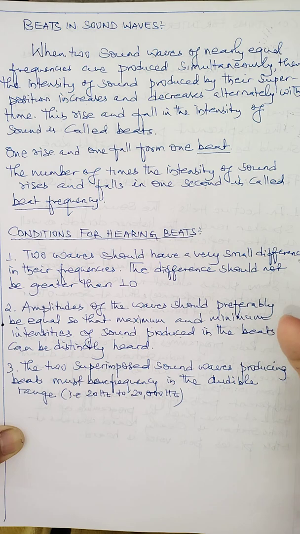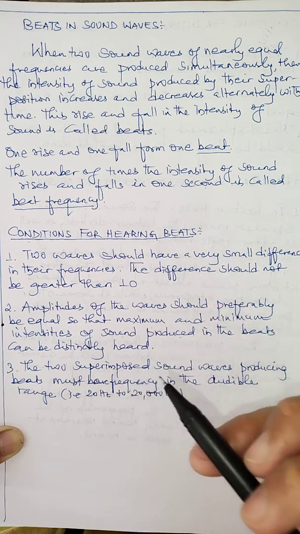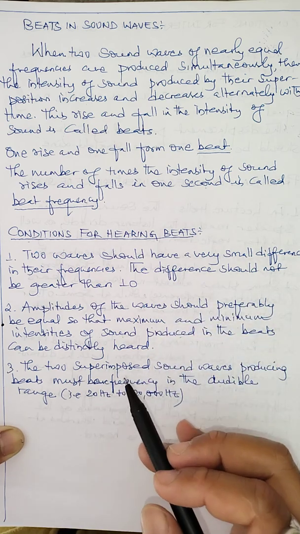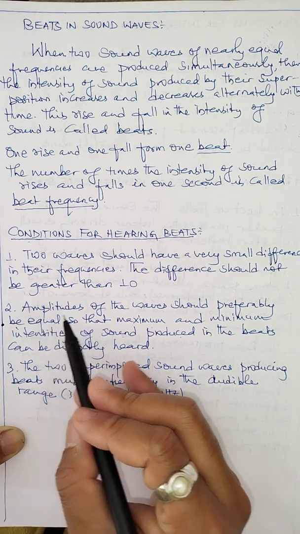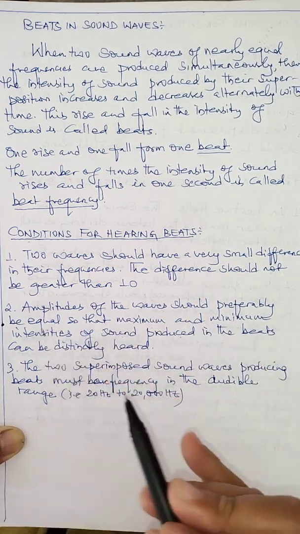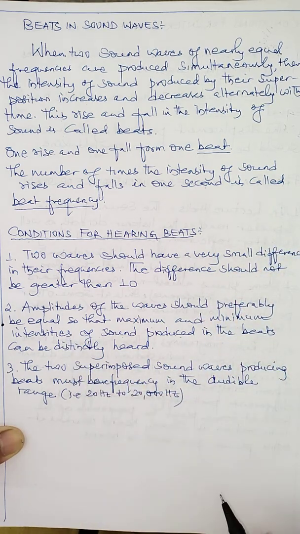That means we are able to distinguish the sound of maximum intensity and the sound of minimum intensity, so that we can understand there is a rise or fall in the intensity of sound, and that makes the definition of beats. That's why the amplitude of the waves should preferably be equal. It should not have a large difference, nearly equal.